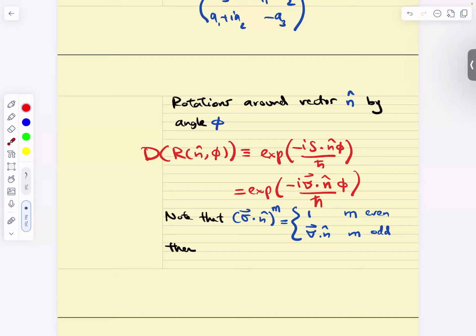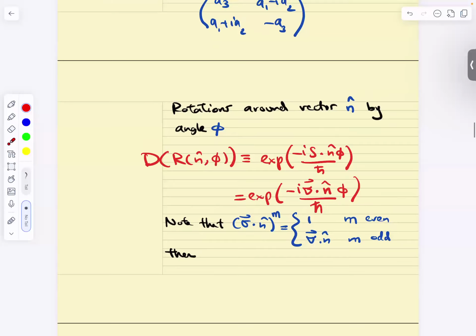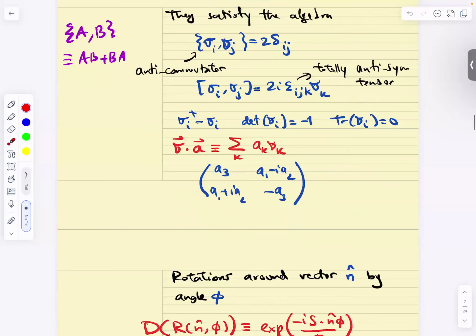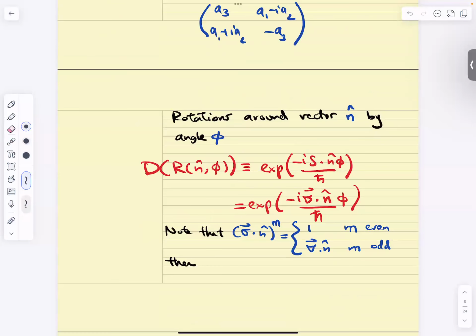Should S be... oh, did I mess this up? Yeah, I think I changed the notation. Oh my God, that is bad. Yeah, so let me... how do I want to do this?